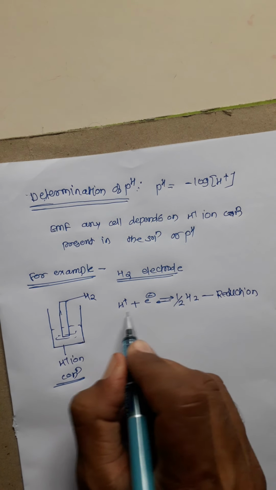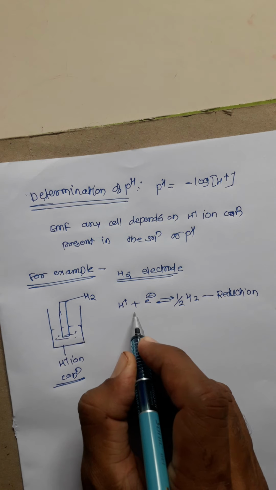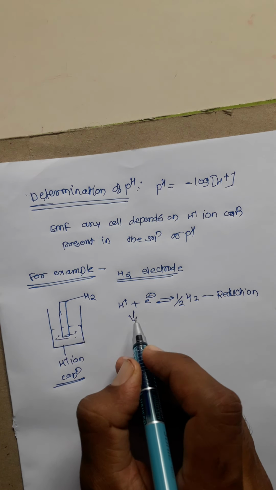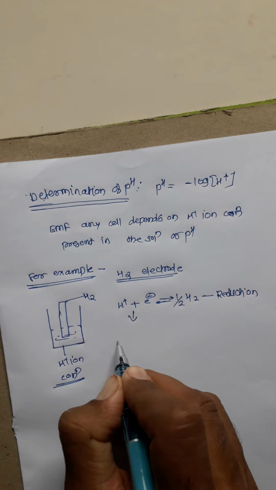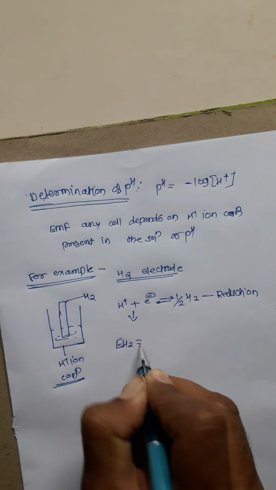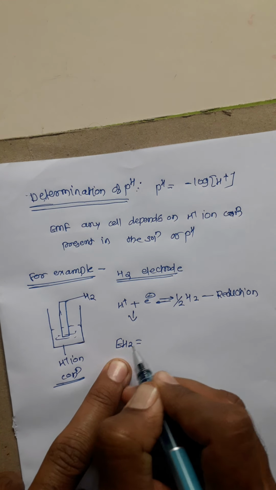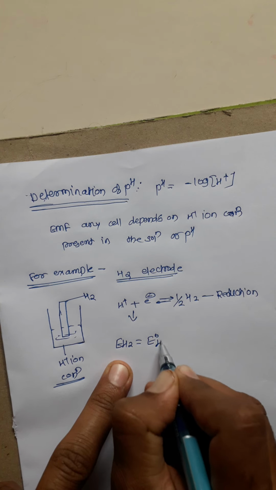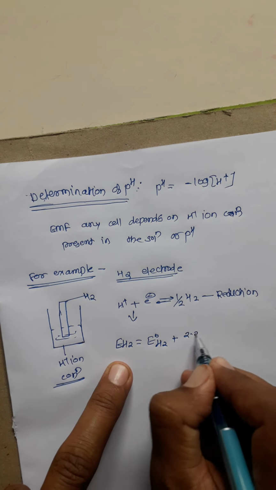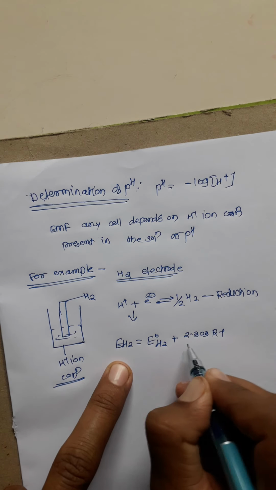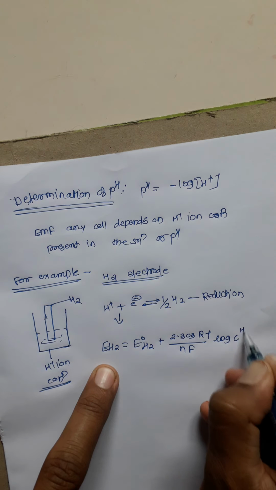Then for this reaction we apply the Nernst equation. What is the Nernst equation for this reaction? E of H2, the EMF of the hydrogen electrode, is equal to E0 H2 plus 2.303 RT upon NF log of the concentration of H plus ions.